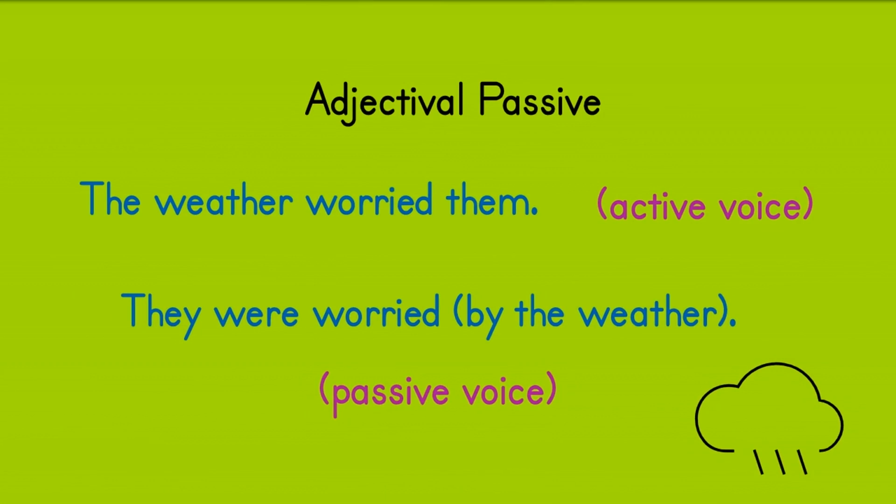In the sentence, "They were worried by the weather," worried is the past participle used in the passive construction, and worried also functions as an adjective in this context describing the passive subject, they. Thus, worried is considered an adjectival passive.